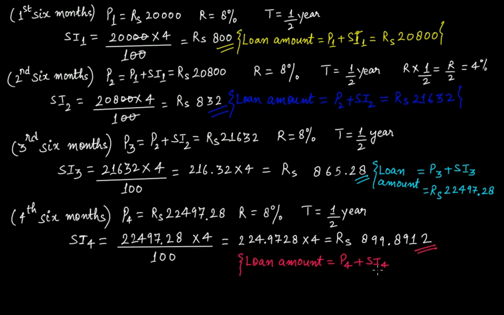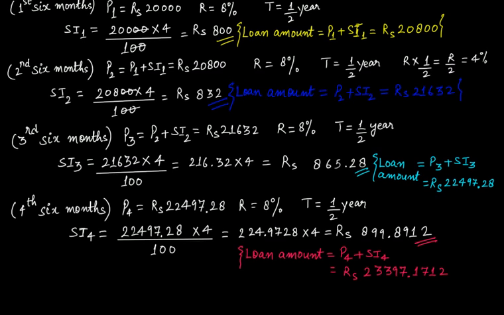It means that this is the amount that you'll finally pay back to the bank after the end of second year, right? So if you calculate it, you'll get rupees 23,397.1712. I have already calculated this value so that we could save our time. This is your final amount that you'll pay back to the bank.